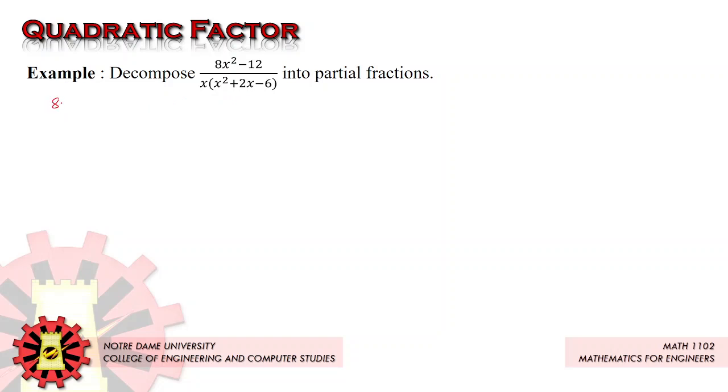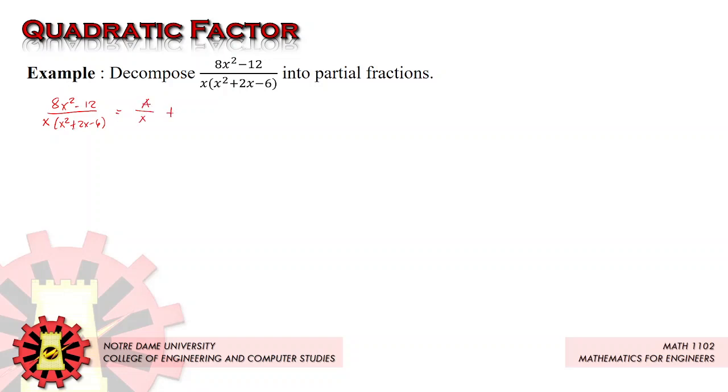So we have two factors: one distinct linear factor x, and one distinct quadratic factor x squared plus 2x minus 6. Now, for the distinct linear factor, alam na natin yan, we'll only use A over x.